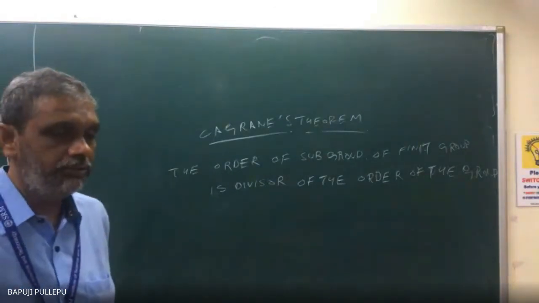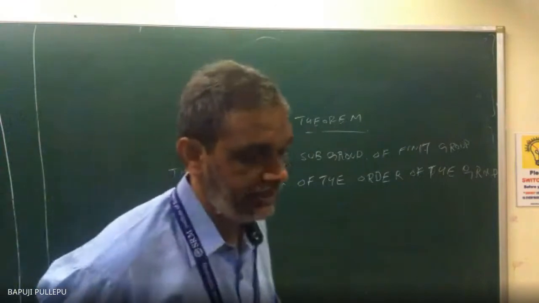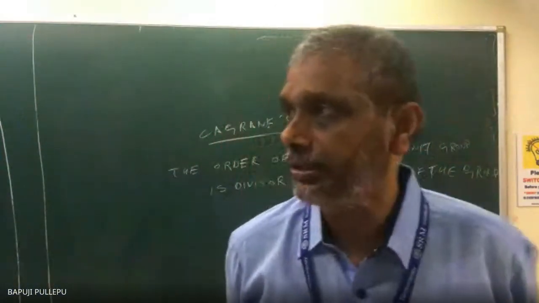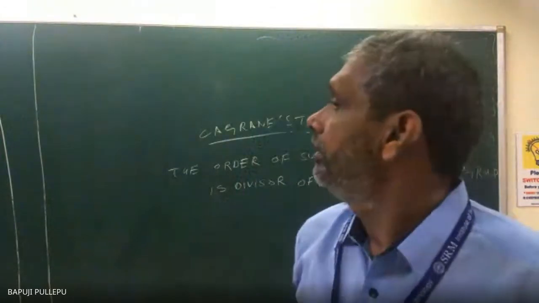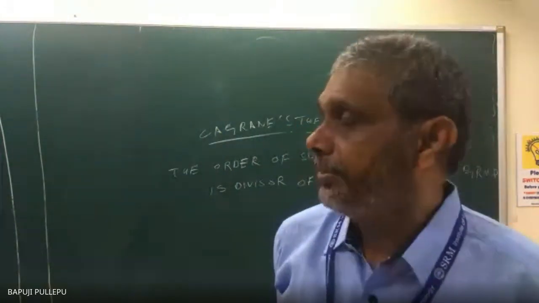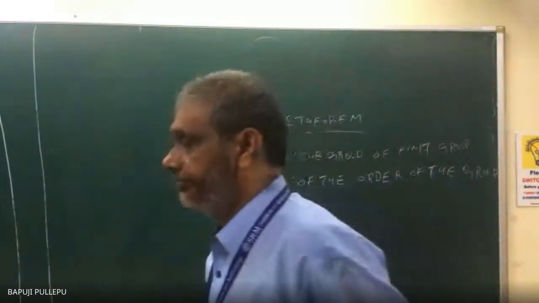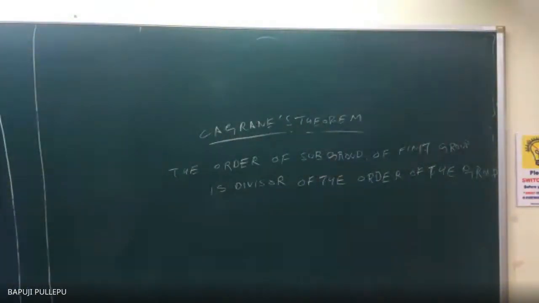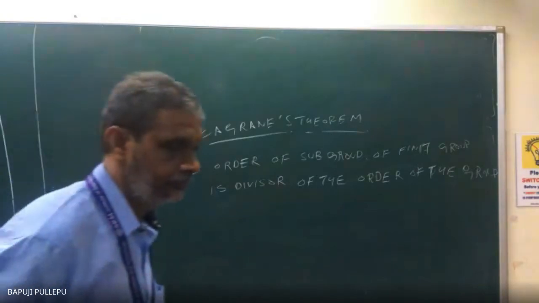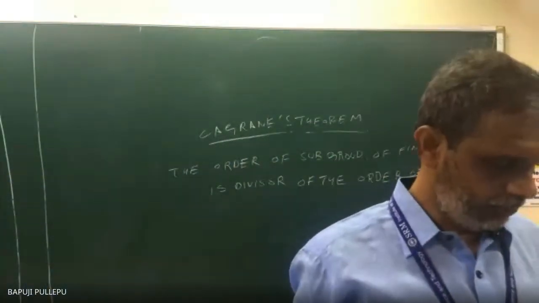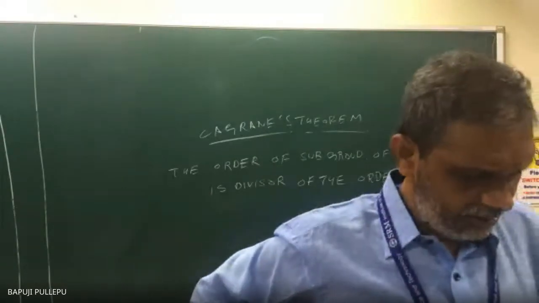How will you get it? It is divided. A divides B means B by A is some number you will get. Similarly, order of G divided by order of H is some constant you will get. Lots of proofs are there, I will show you.